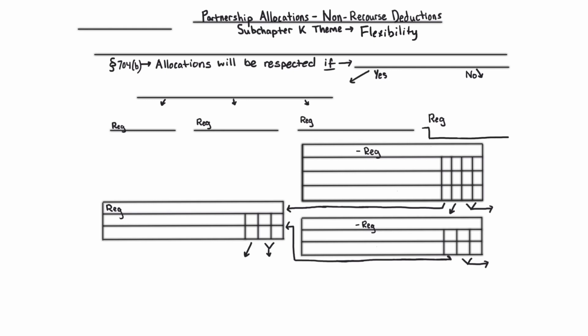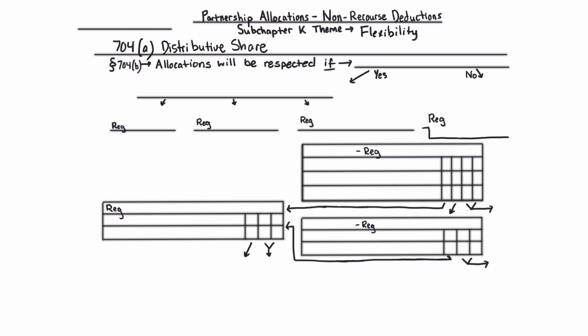So section 704(a) is where we find the general rules with respect to allocations. And we call this the distributive share. So whenever you see the phrase distributive share, always think about partnership allocations. They pretty much mean the same thing.